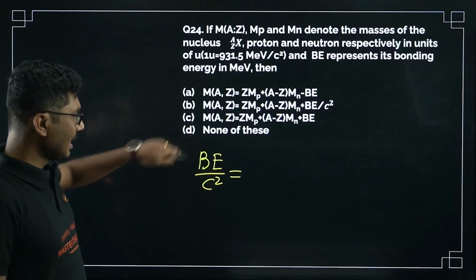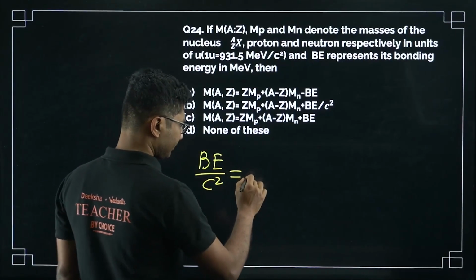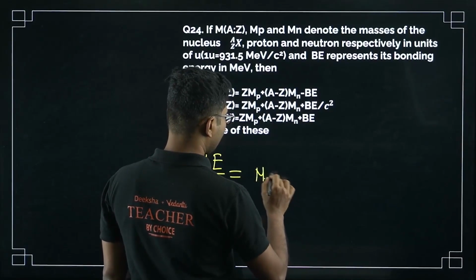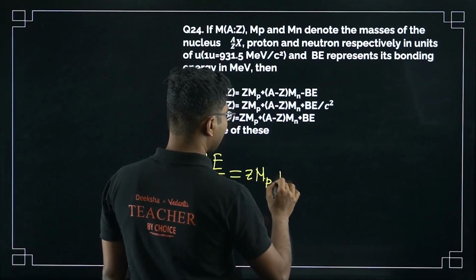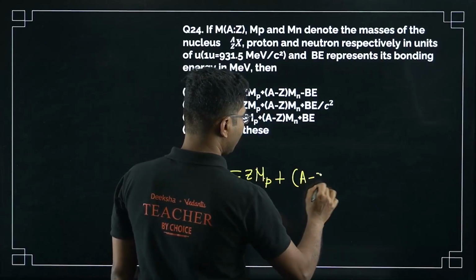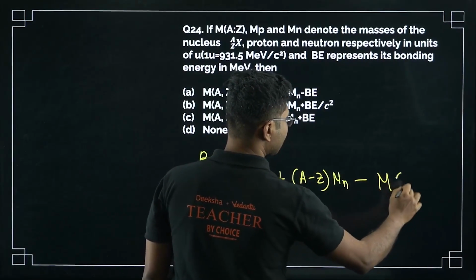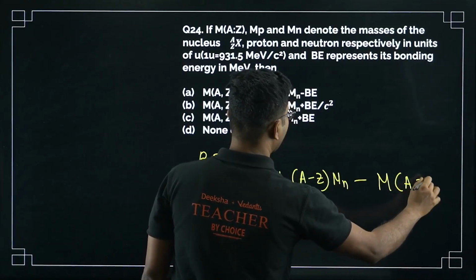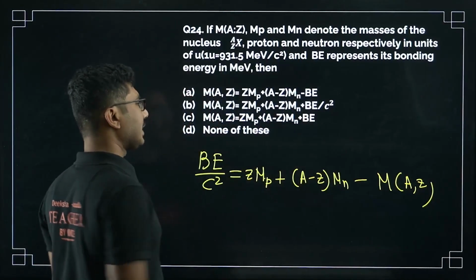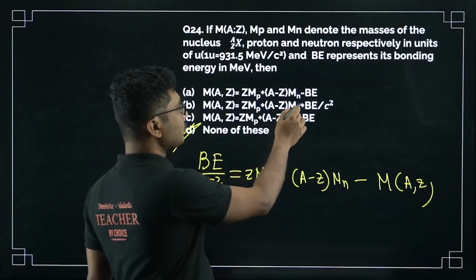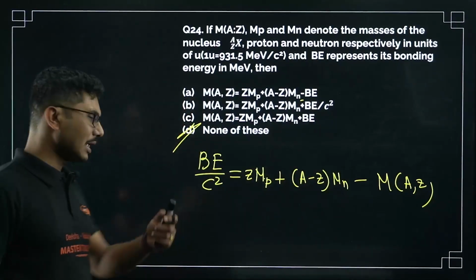This is the expression for mass defect: mass of proton into number of protons plus number of neutrons into mass of neutron, minus the actual mass. But if you see that none of the single options is actually correct, so the answer will be none of these. Ideally this should be negative, then it would have been a correct answer.